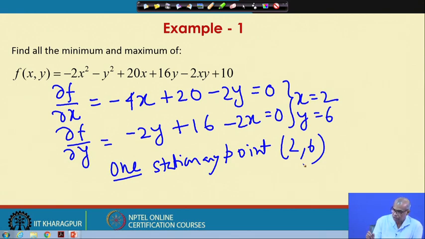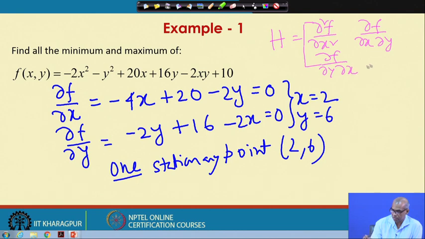So, the Hessian matrix H will be del square f del x square, del f del x del y, del f del y del x, del f del y square. So, find out these quantities. Note this and this are same.